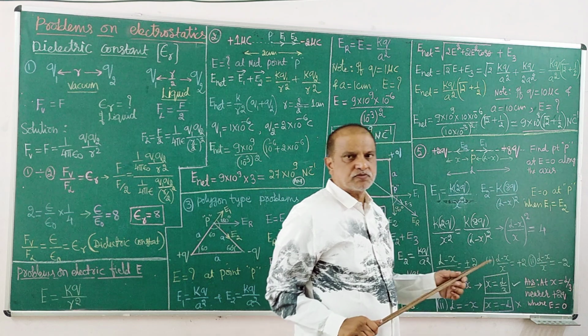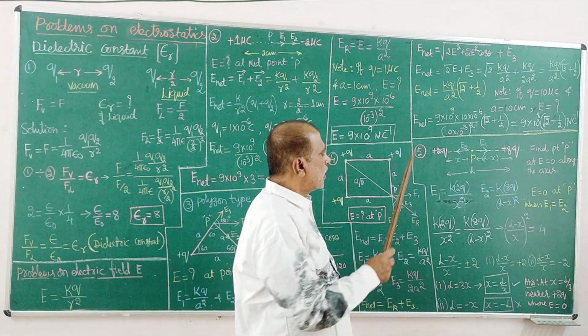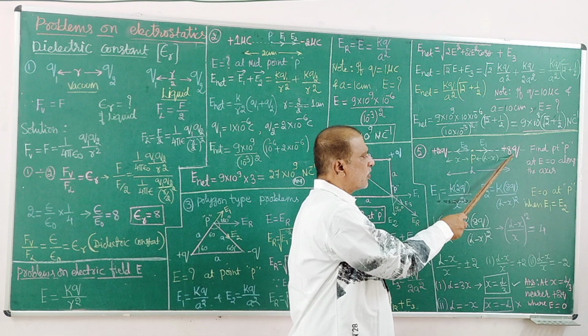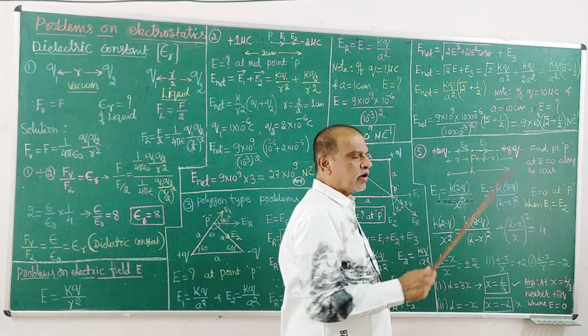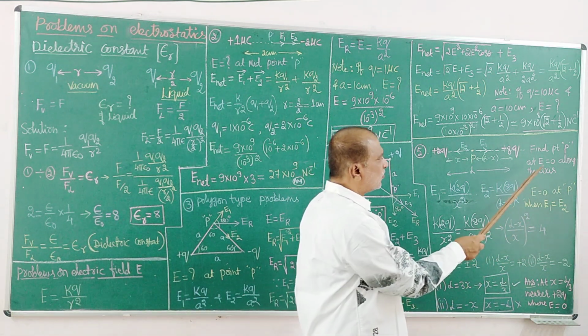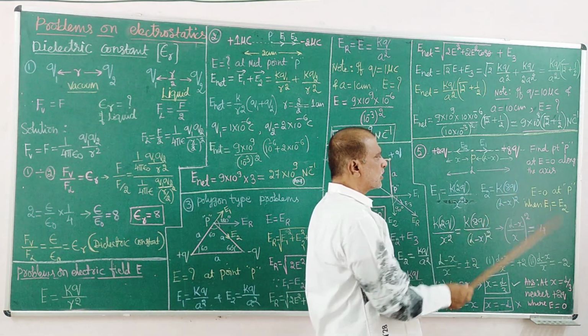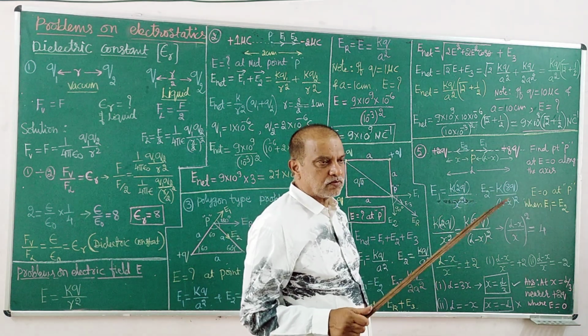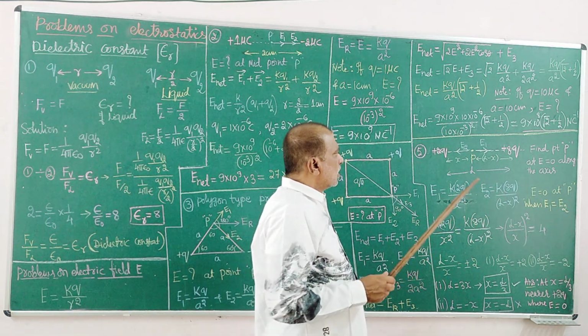The problem is the two charges are kept apart like this, and you have to find out at what point on the axis the electric field is 0. That is the point I have taken here in between, and you have to evaluate for that.